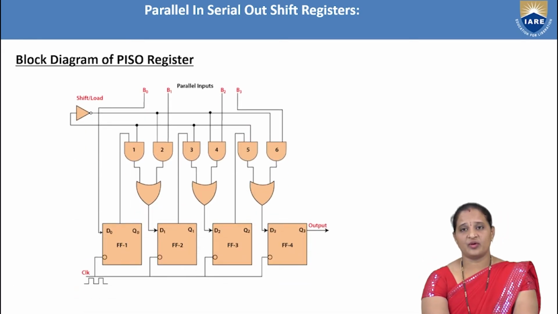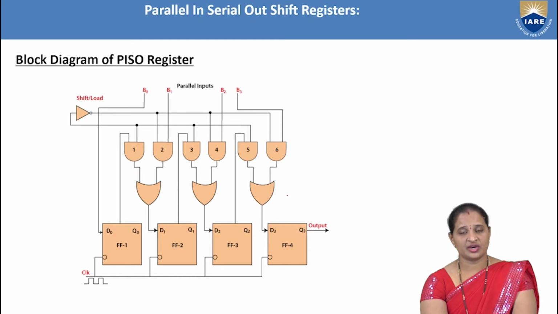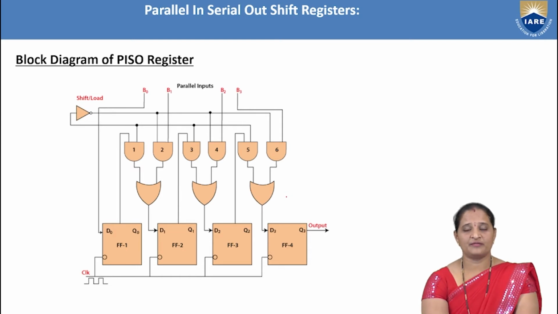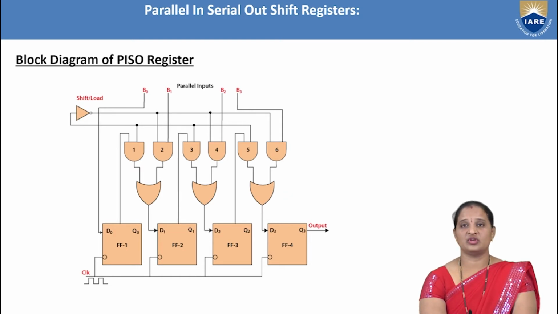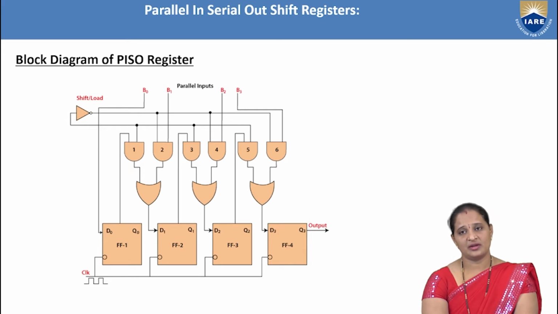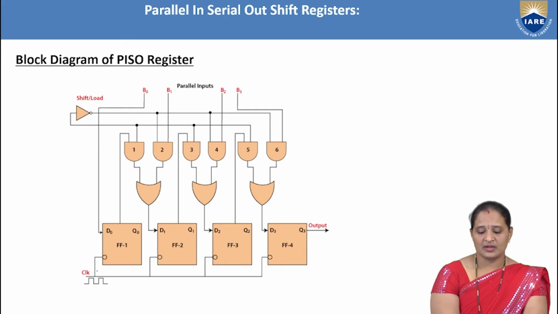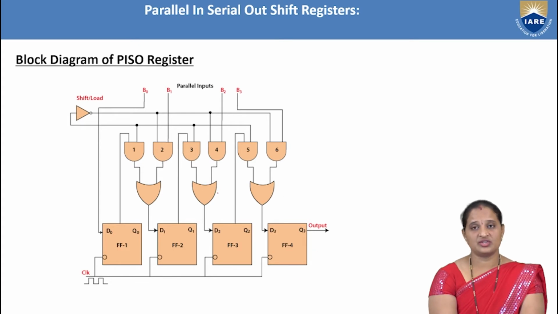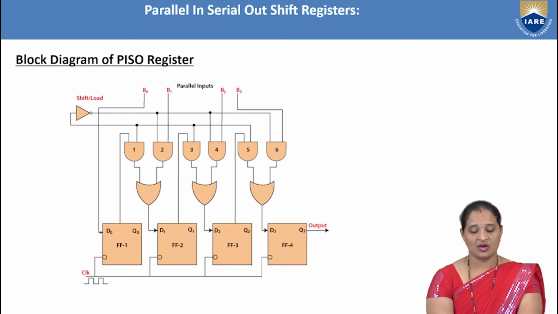So other than flip-flops, we also have some logic circuit in order to perform the parallel in serial out operation. So here now, this is a logic circuit or block diagram for the shift register which is operating in parallel in serial out mode.